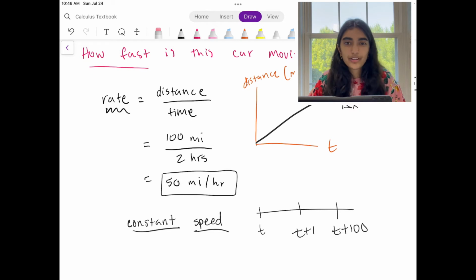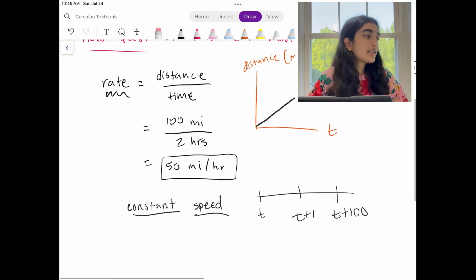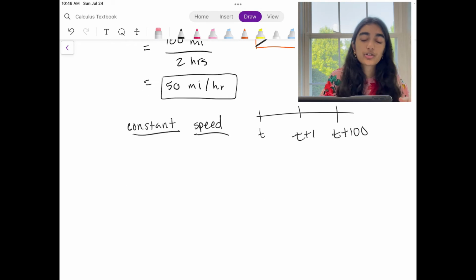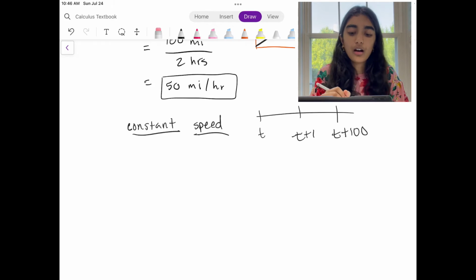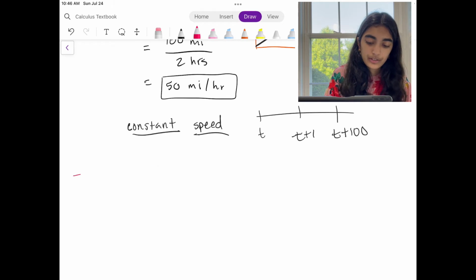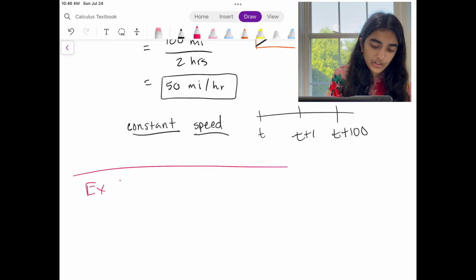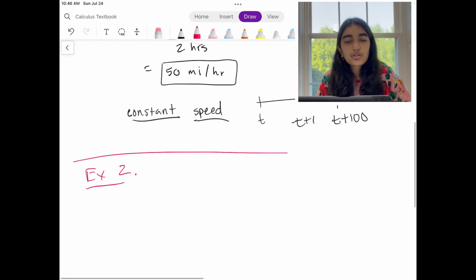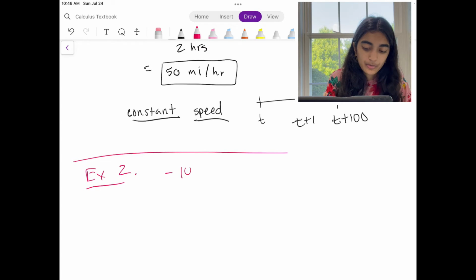So now let's change up the example a little bit. Example 2, just a little tweak: the car still travels 100 miles, and still travels those 100 miles in 2 hours.